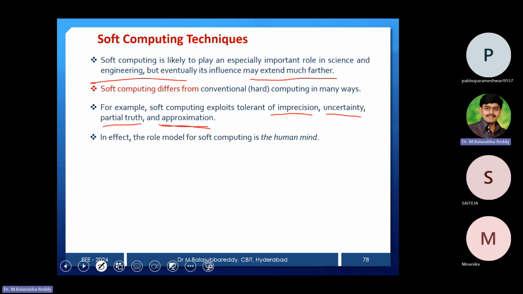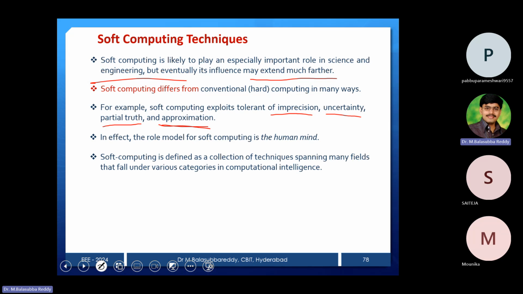In effect, the role model for soft computing is the human mind. As I said, soft computing is always like a human mind, like how humans behave. These algorithms will behave like that. We'll see a lot more differences, what algorithms are involved, and what type of problems can be solved using these algorithms.